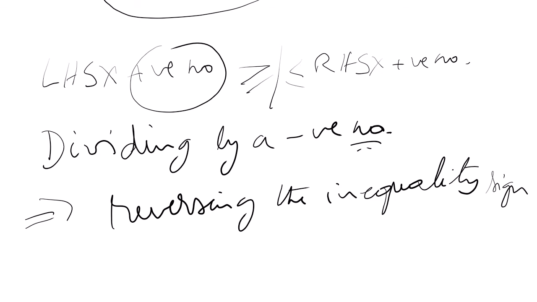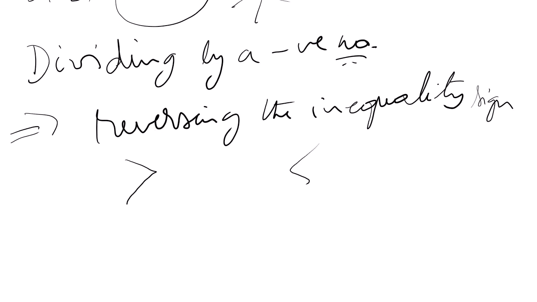Reversing the inequality sign means if greater than is there, it will become less than. If less than is there, it will become greater than. Or if greater than or equal to is there, it will become less than or equal to. And if it is less than or equal to, it will become greater than or equal to. That is called reversing of the inequality.